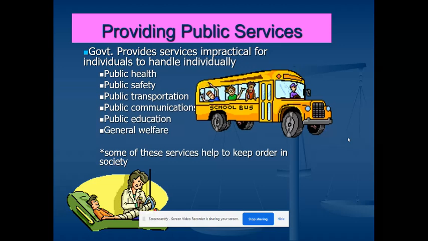So public services are probably the largest area that most people will interact with their government. I forgot to mention libraries and parks. I actually mentioned parks, but anyways, you get the idea. Okay, so public services. Some of these are used to keep order in society.